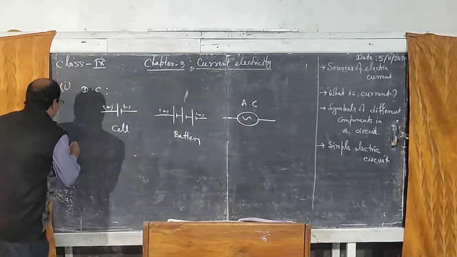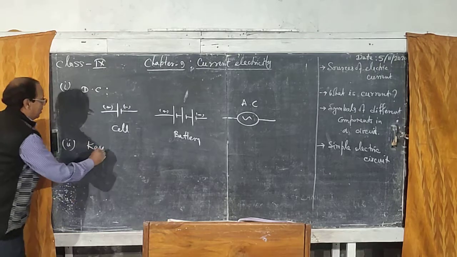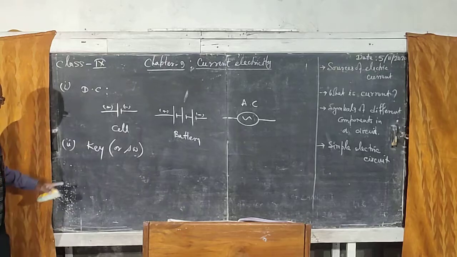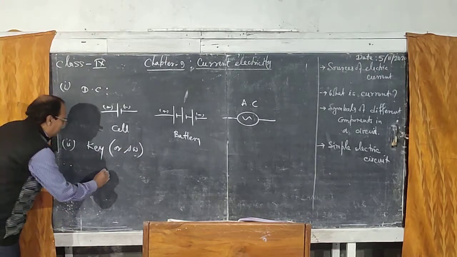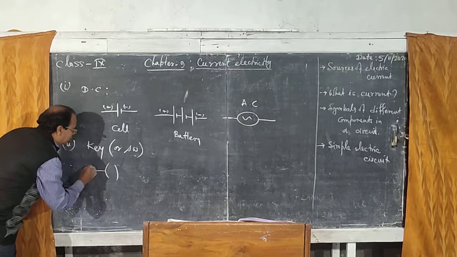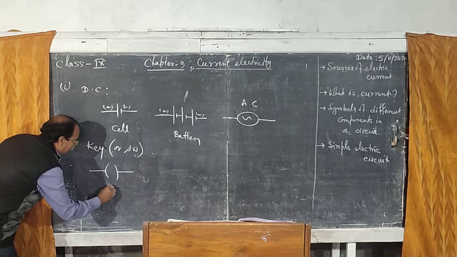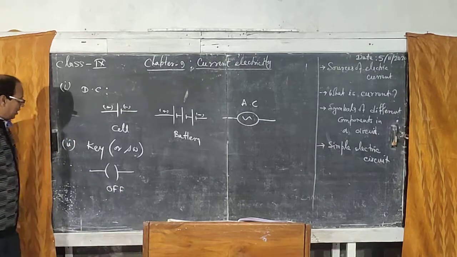The second component we use is a key or switch. Normally a plug type of key is used in practicals. So this is the symbol of a key. When the key is in the off position, it is like this.